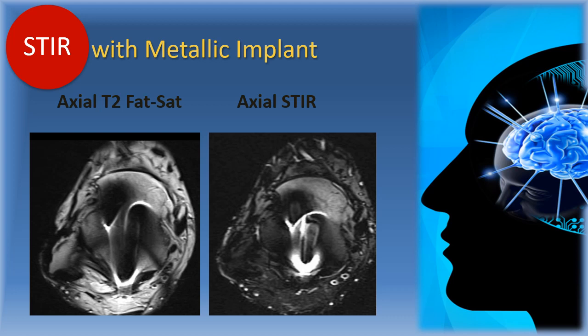There is almost no suppression of the fat, and the fat is still bright in signal, either in the subcutaneous tissue or the bone marrow, while on a STIR image we can see almost complete suppression of the fat, including the subcutaneous fat and the intervening muscle fat, with almost the bone marrow. It's not complete, however, there is almost homogeneous suppression of the fat, and this indicates the superiority of the STIR sequence over the conventional fat-set technique.